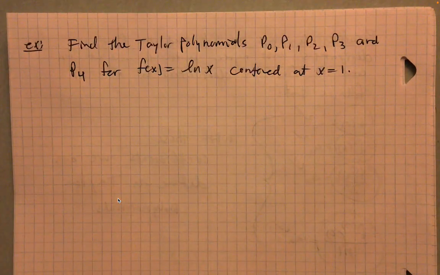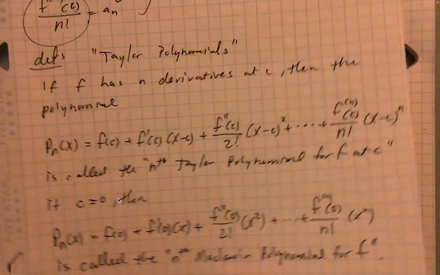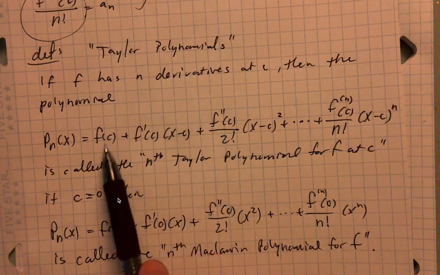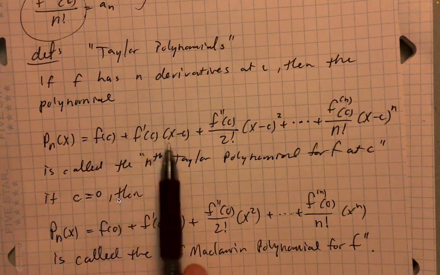So no longer centering at 0. Here we're centering at 1, and it's obviously not e to the x, it's ln x. From what we just discussed, to find this polynomial we need to identify the derivatives of f and evaluate them at whatever c happens to be.